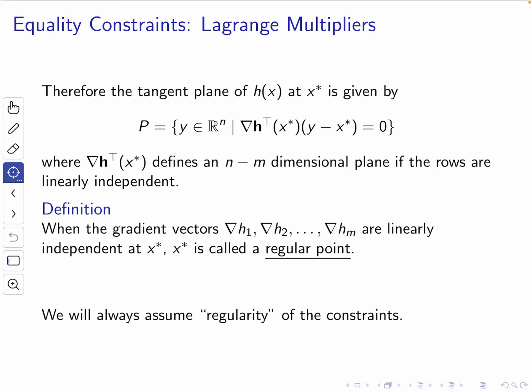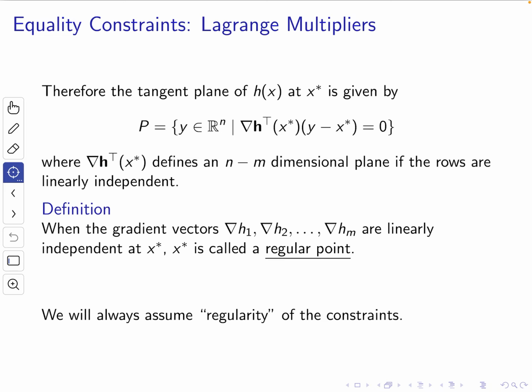And remember, the gradient of h is an m-dimensional vector, and so this plane is now an n minus m dimensional plane, as long as the rows of h are linearly independent.